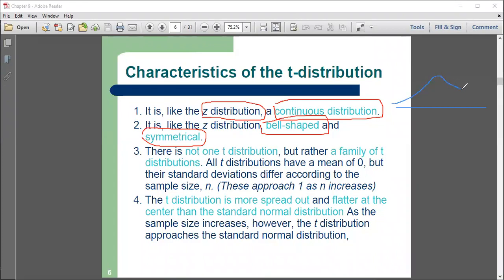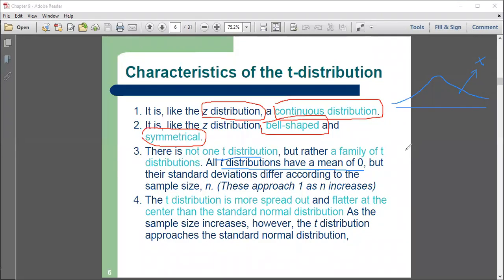That doesn't look like a curve. So we can say that this is a T distribution. It is symmetrical and bell-shaped. There is not one T distribution, but rather a family of T distributions. All T distributions have a mean of 0, but their standard deviation differs according to the sample size n.